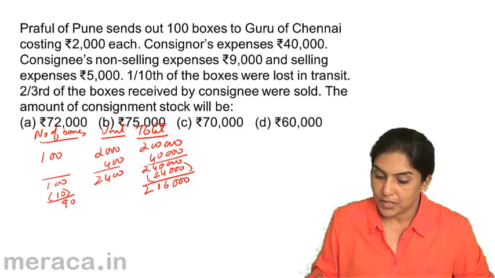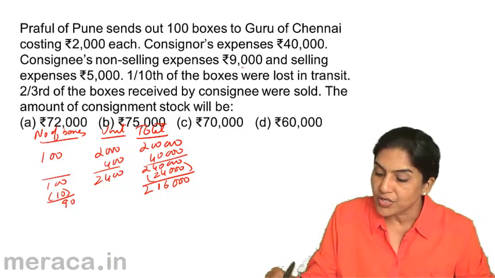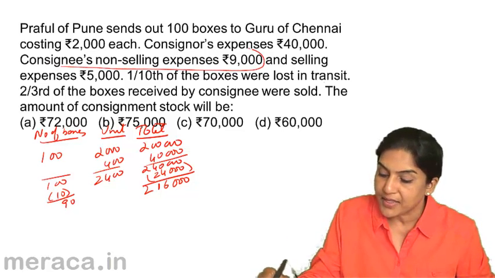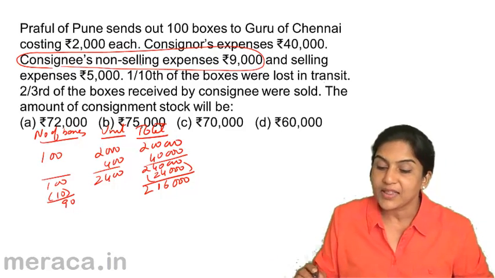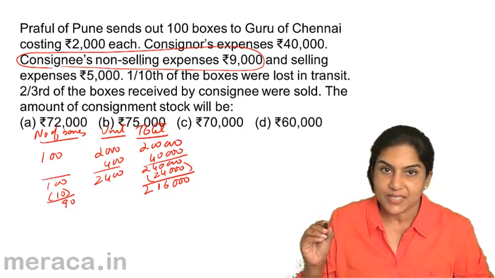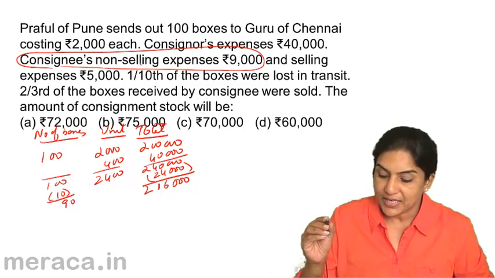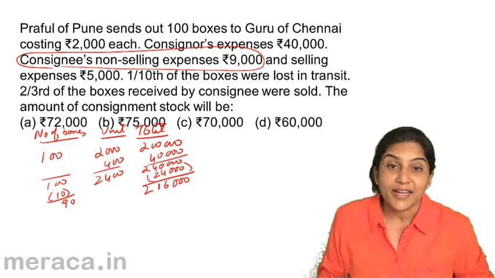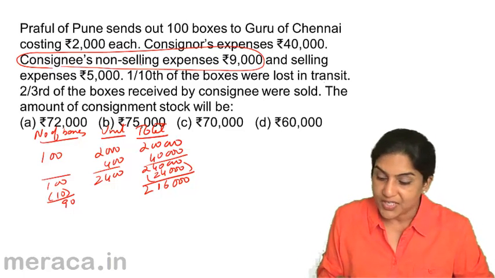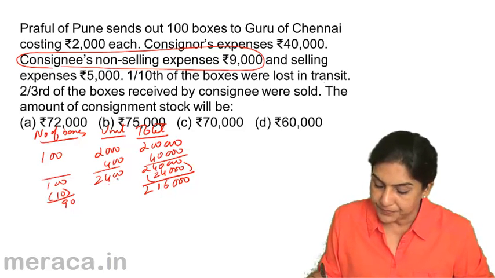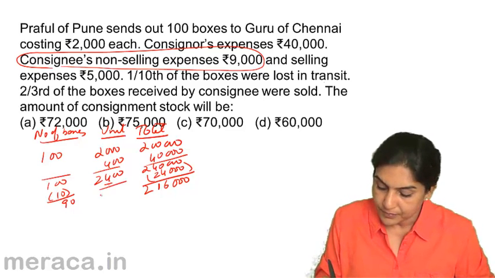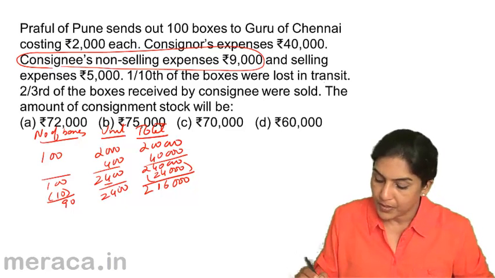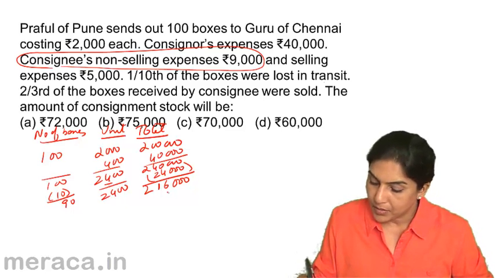Two-thirds of these boxes were sold, but before that, consignee's non-selling expenses are 9,000. So mind you, these 9,000 rupees expenses are met by the consignee on just 90 boxes. On just 90 boxes. So what is the cost per unit? Total is 9,000.